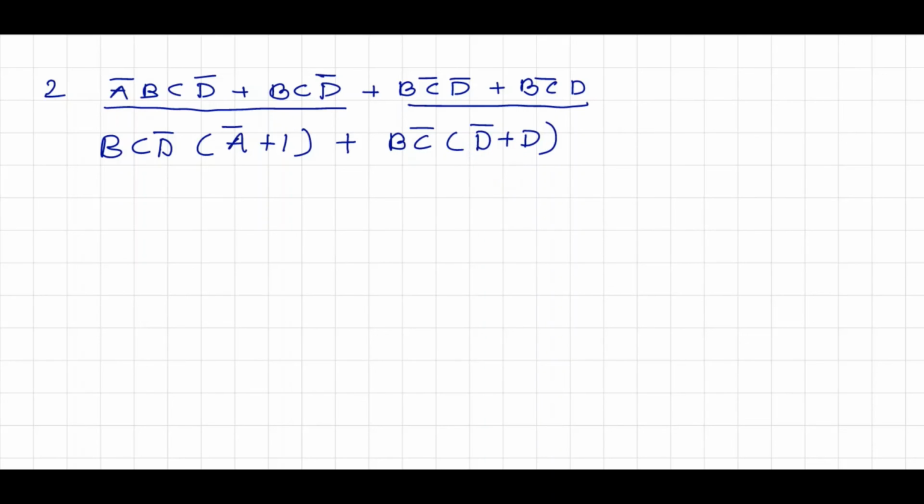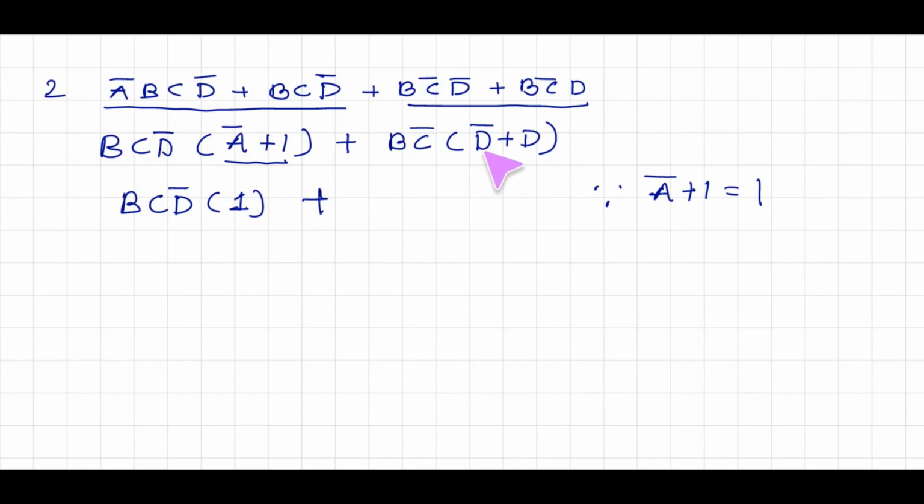Now from this we can say that anything plus 1 is equal to 1. Whatever the value of a bar, 0 plus 1 is 1, and 1 plus 1 is 1. So we can say b c d bar into 1, since a bar plus 1 is equal to 1, plus here d bar plus d, that is always 1, whatever the value of d and its complement.